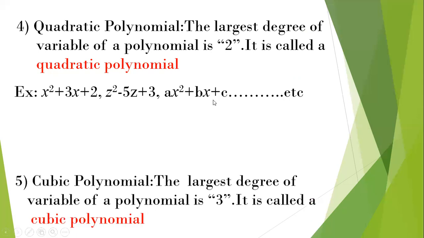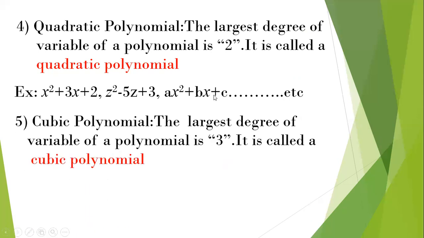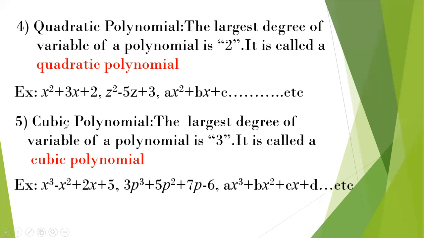So I will give the next one, that is cubic polynomial. The largest degree of variable of a polynomial is 3. It is called a cubic polynomial. If it is 2, it is a quadratic. If the largest degree is 3, it is a cubic polynomial. For this also, I will give some examples. So here, x cube minus x square plus 2x plus 5, 3p cube plus 5p square plus 7p minus 6.